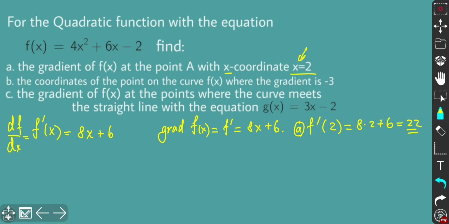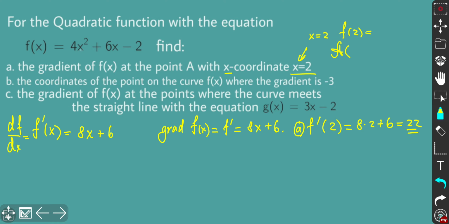So why is it only x? It's enough for that point. You're not supposed to have any other information, because obviously your point A is on the curve. By plugging x equals 2 into your function, you will always be able to find the coordinates. Let's just clarify this case: how to find both coordinates x and y.